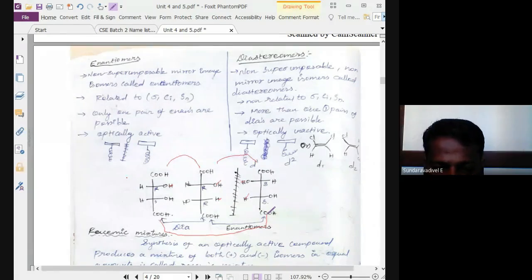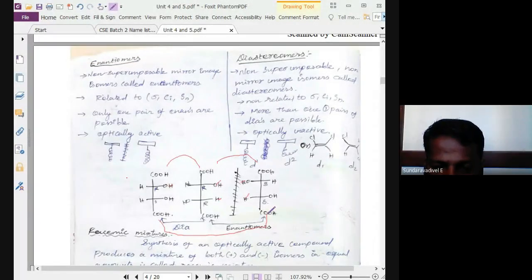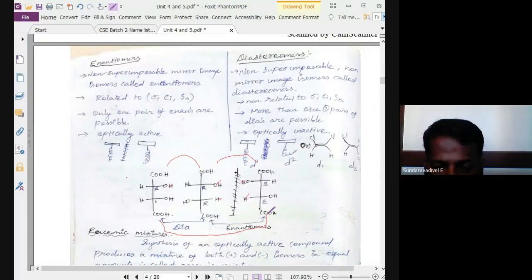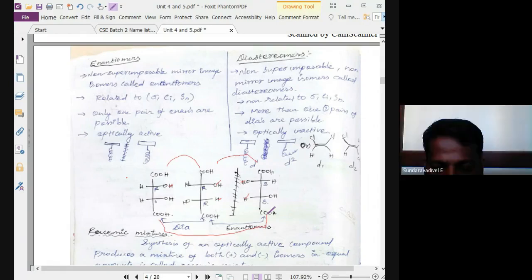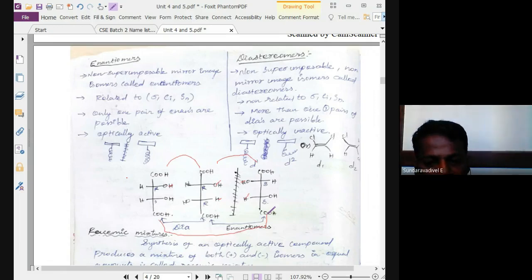It is a mirror image of the first molecule. Yes, sir. How come it is a mirror image? Only one OH is in the mirror image position, but the second OH is not a mirror image. Therefore, that is a diastereomer. Okay, diastereomer.